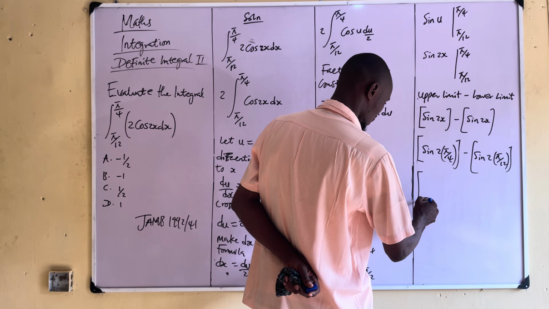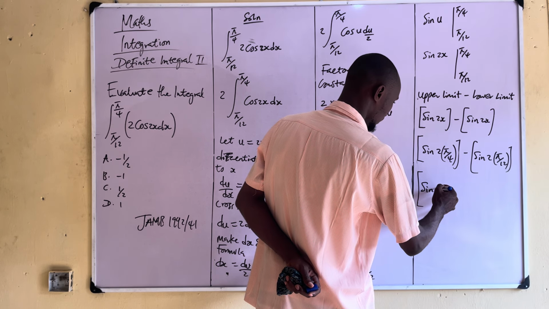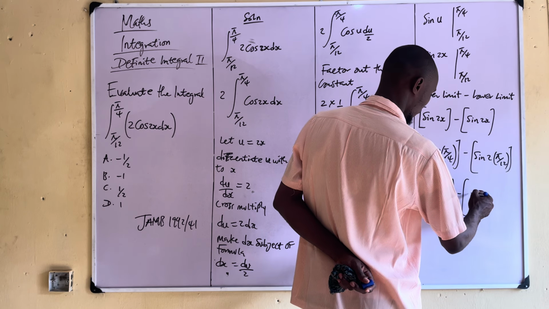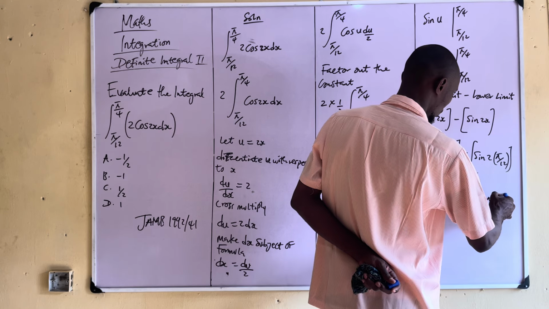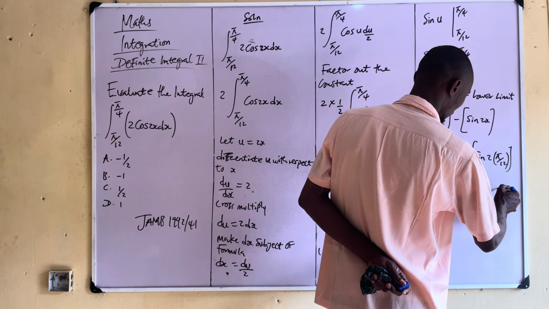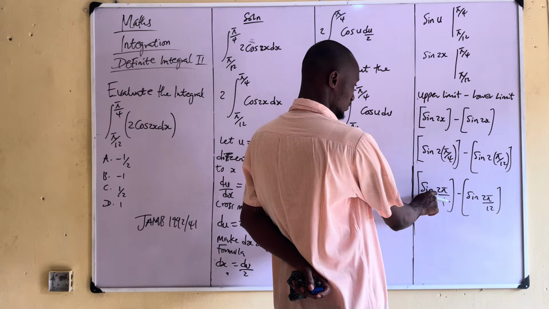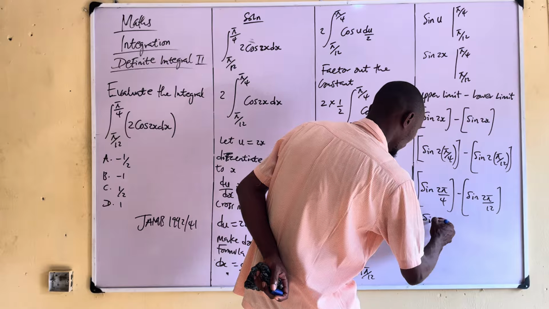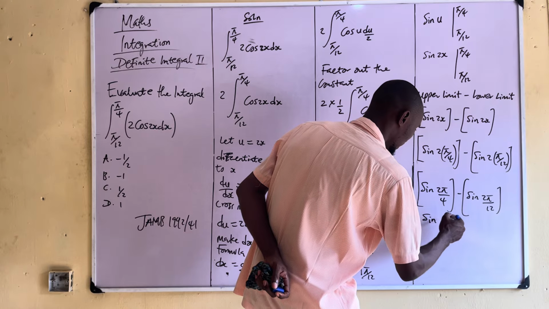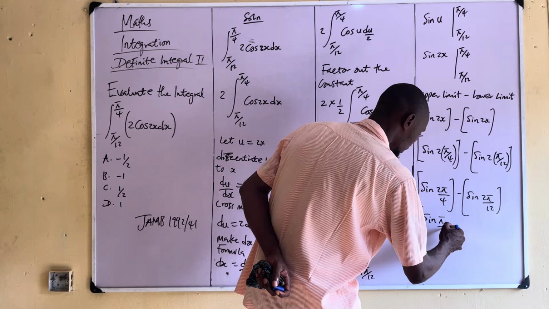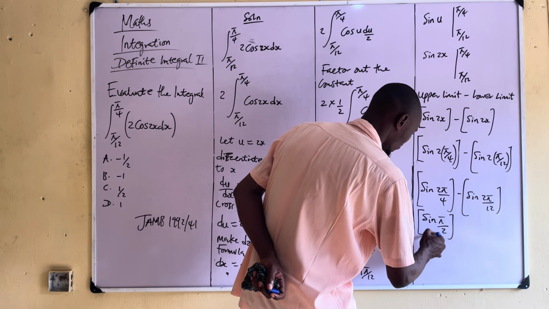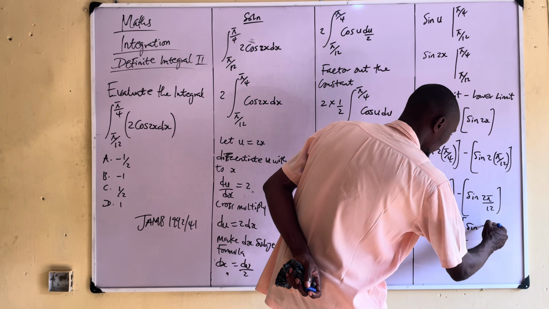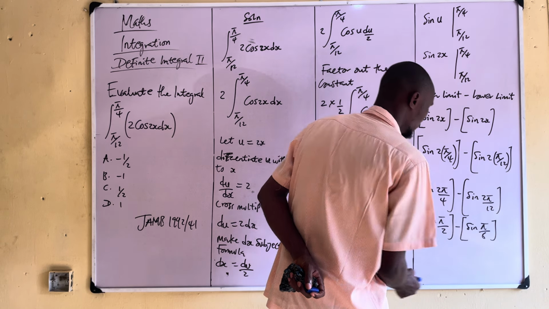So this is sine 2 pi over 4 minus sine 2 pi over 12. The 2 can divide. You understand that? So you have sine pi over 2, then minus sine pi over 6.